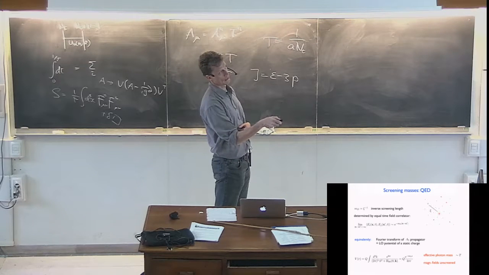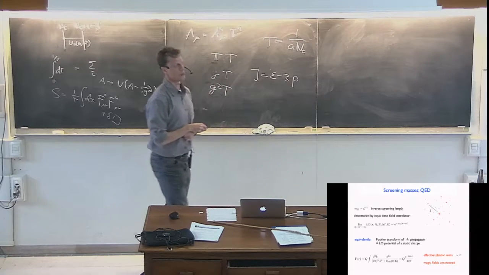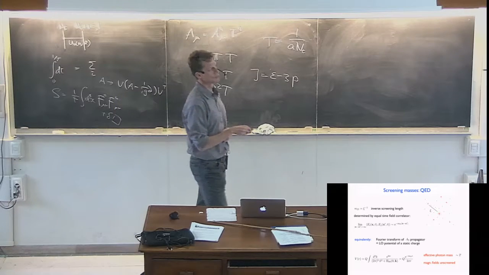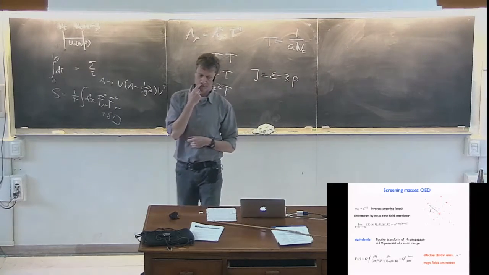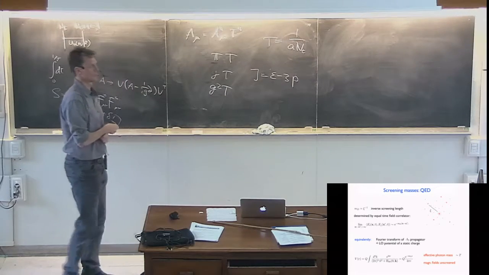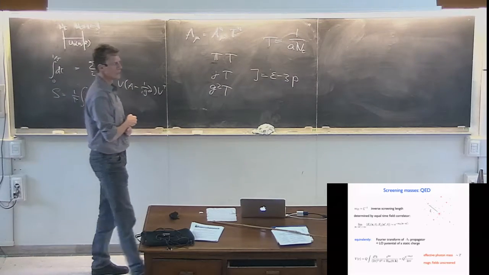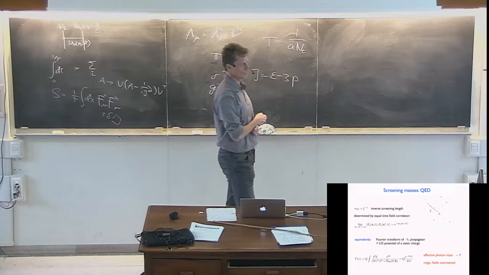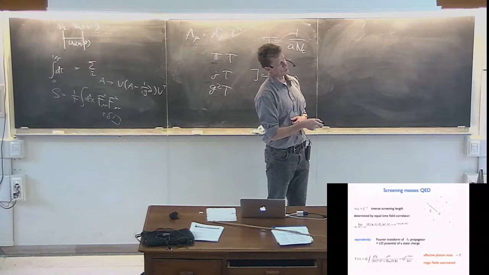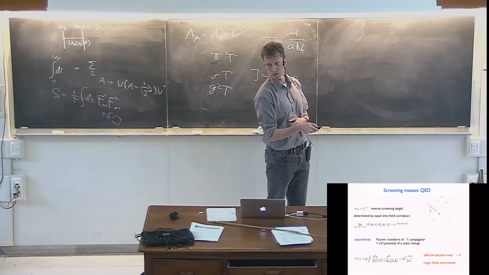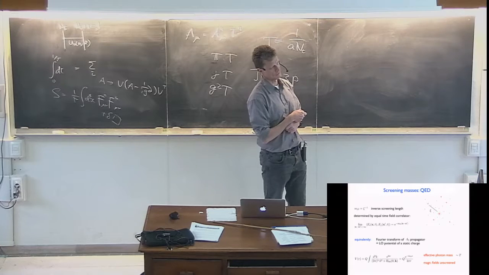So you go away in a space direction. And then you have an exponential decay of your field strength, and the coefficient in the exponent is the Debye mass, or the inverse screening length. And if you Fourier transform this, then you basically get the Coulomb potential turned into a Yukawa type potential with the Debye mass as the screening mass.